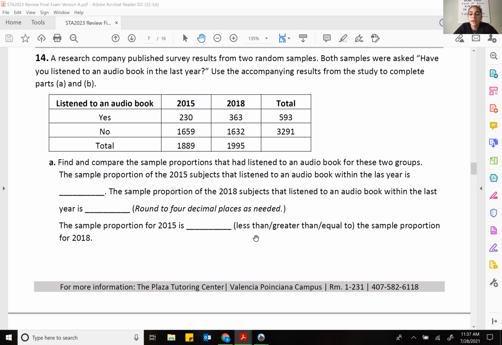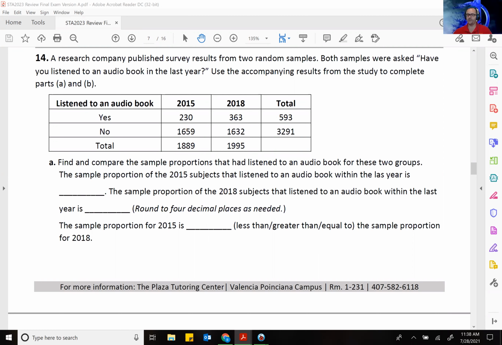So 230 divided by 1889. Okay, 230 divided by 1889. And to 4 decimals, 0.1218. Perfect.